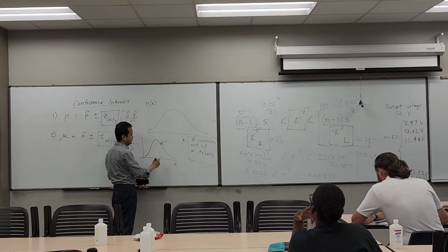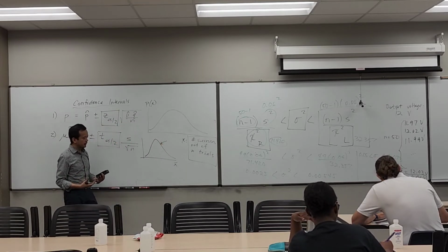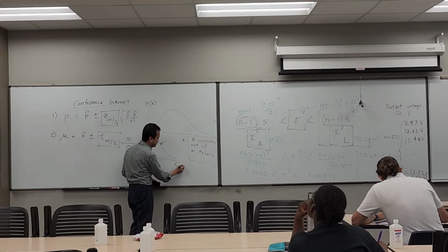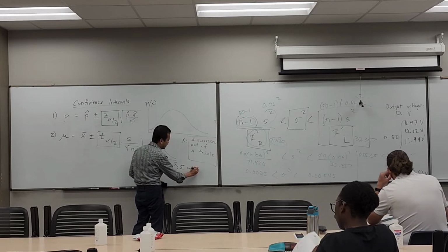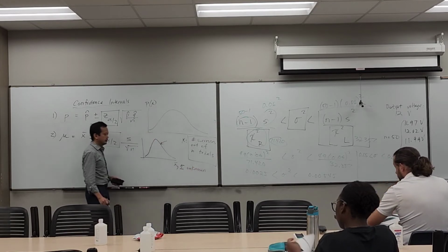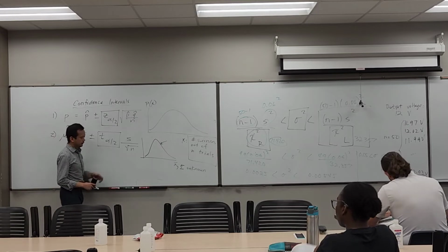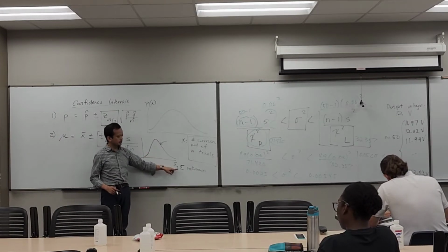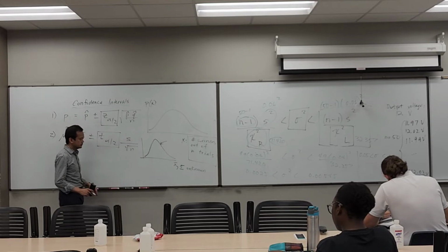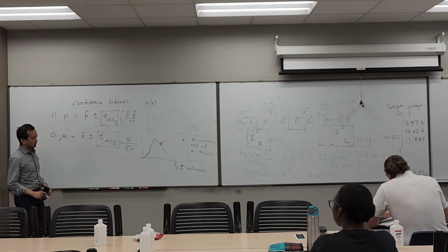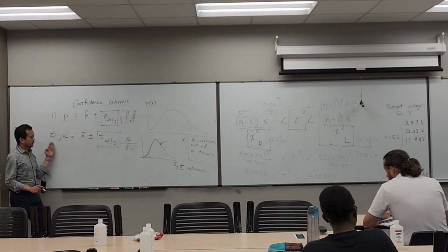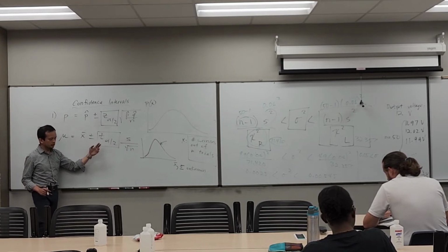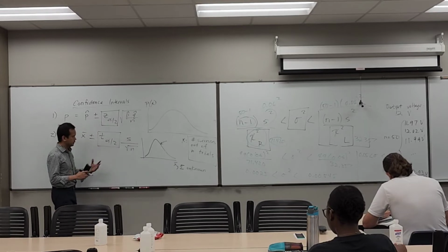And this is what happens in almost all cases in real life, because you don't know population variables in real life. You don't usually know what the standard deviation of the population is. So if you have a distribution of sample means where sigma is unknown, then you have a t-distribution, and that's why this formula uses a t-distribution, because it assumes that you don't know sigma. And that's usually what happens in real life.